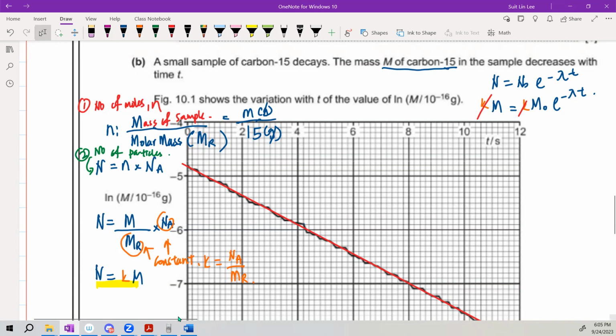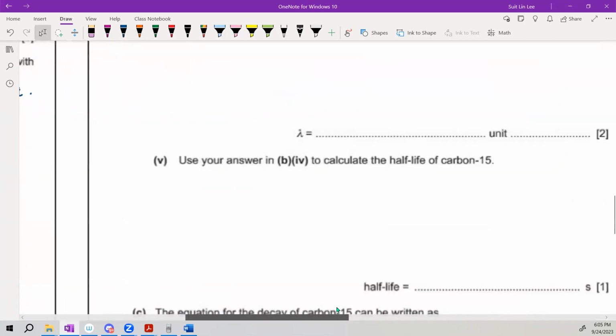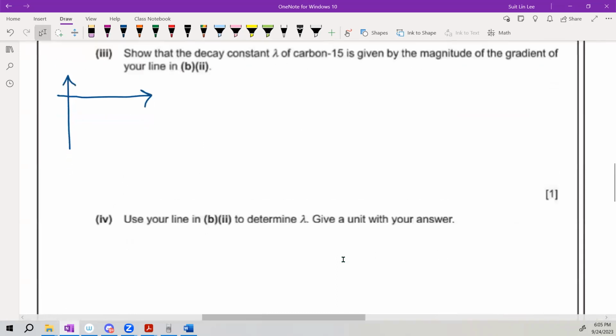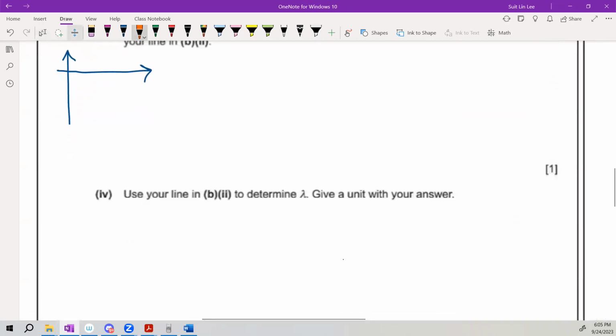Your marks only start when you are able to write down the equation, instead of N is equal to N naught, now it's M is equal to M naught e negative lambda t.